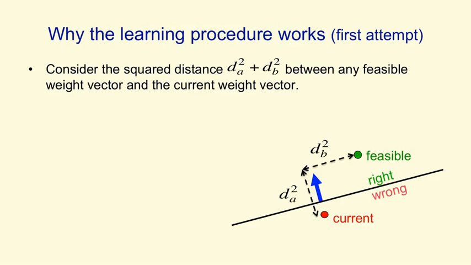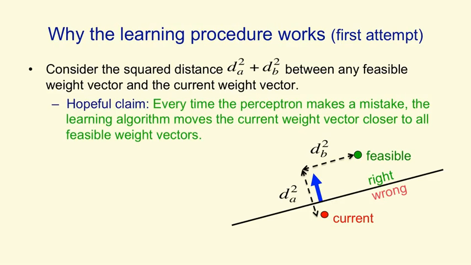So we can represent the squared distance of the current weight vector from a feasible weight vector as the sum of a squared distance along the line of the input vector that defines the training case and another squared distance orthogonal to that line. The orthogonal squared distance won't change, and the squared distance along the line of the input vector will get smaller. So our hopeful claim is that every time the perceptron makes a mistake, our current weight vector is going to get closer to all feasible weight vectors.